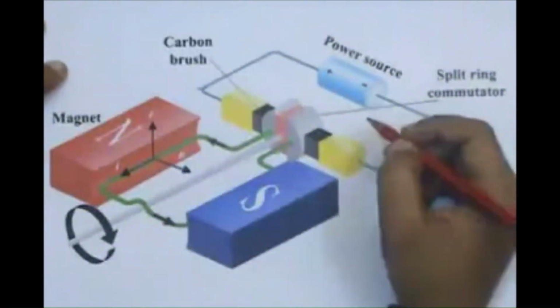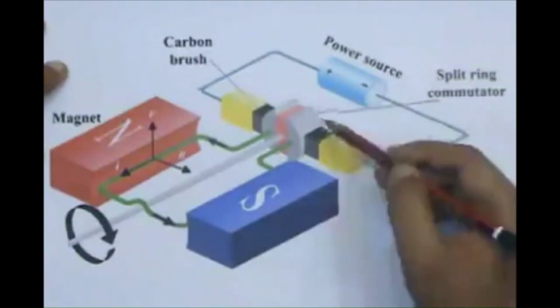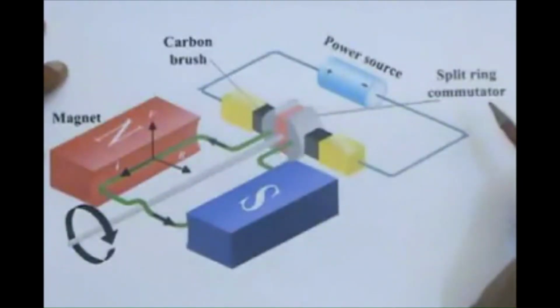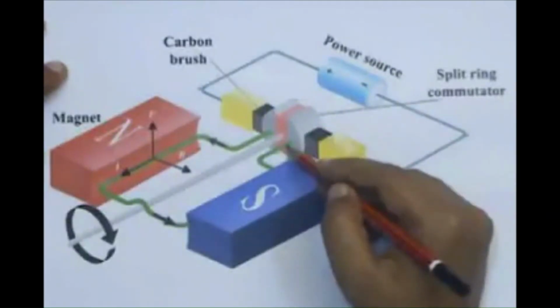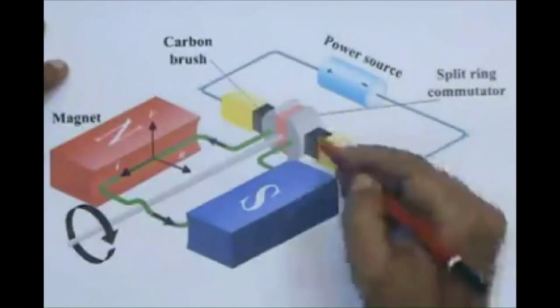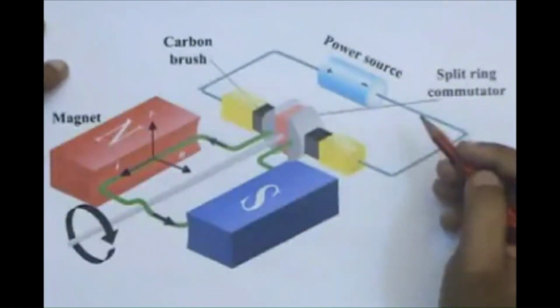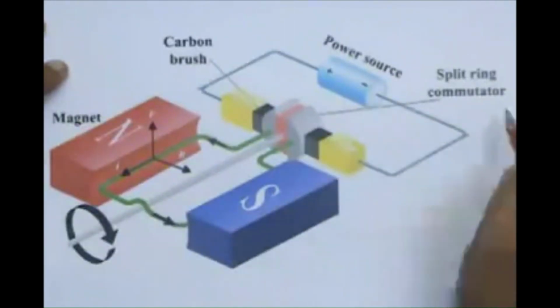This electrical circuit is connected with the carbon brushes and a split ring commutator. The split ring commutator has a rigid connection with the circuit, but the carbon brushes do not contain any rigid connections with the commutator.